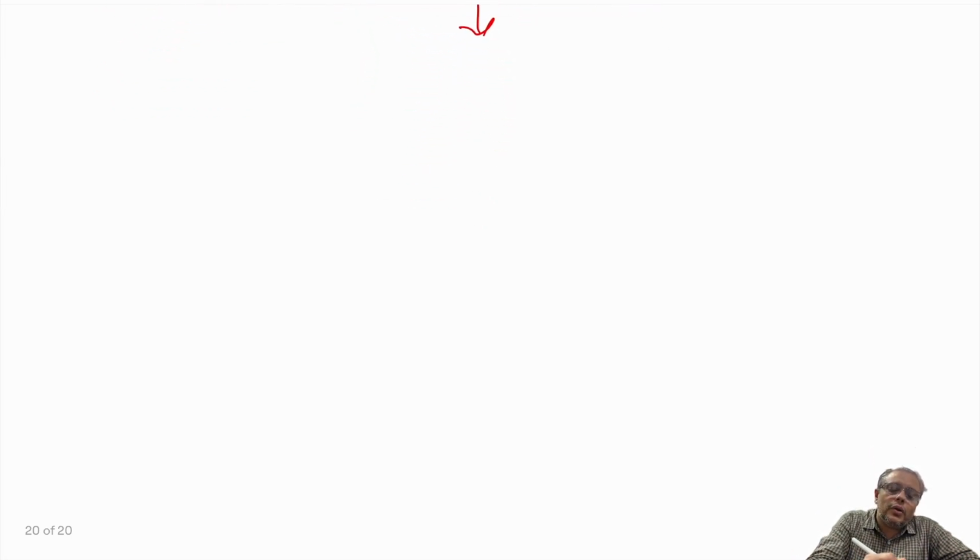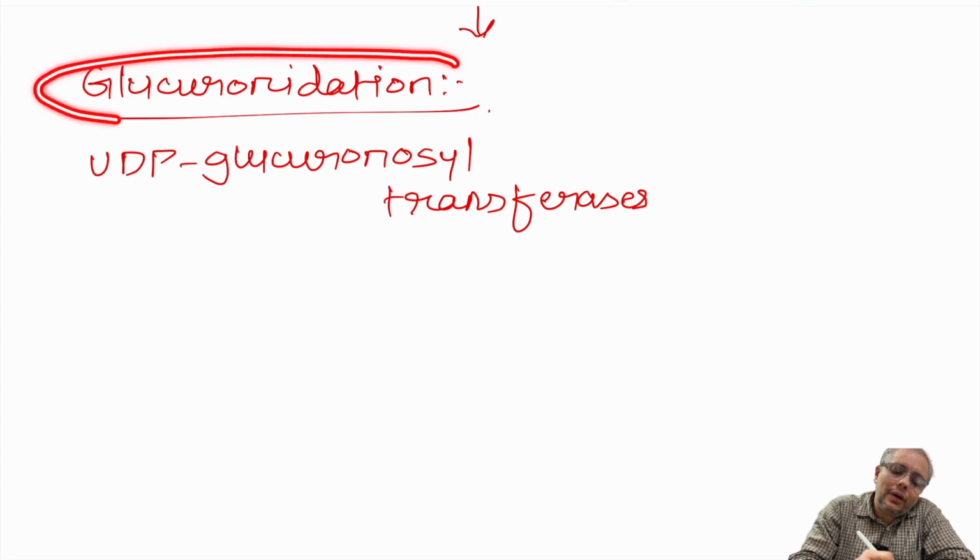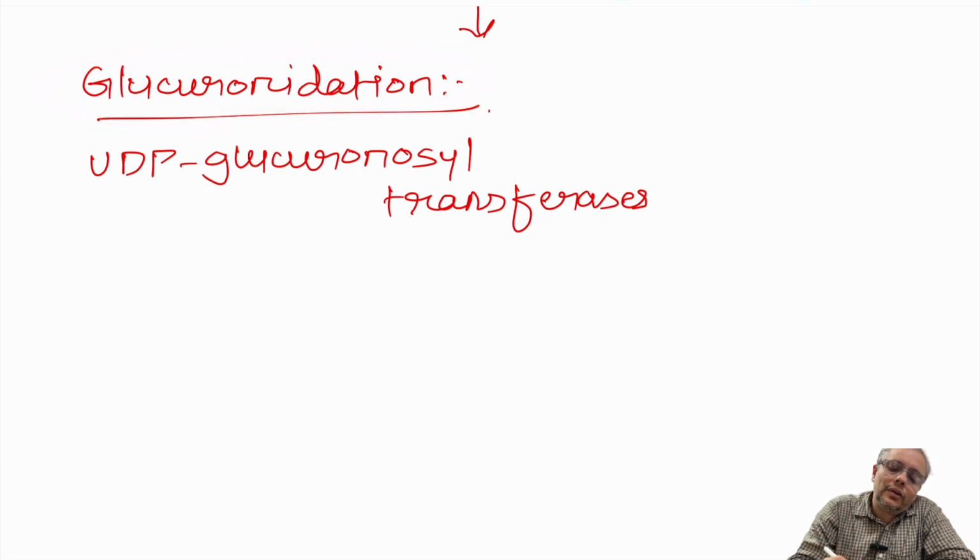The most common, you have to remember like this: in phase 1, the most common is oxidation, while in phase 2, the most common is glucuronidation. This glucuronidation reaction occurs with the help of a group of enzymes known as UGT, that is UDP glucuronyl transferases.